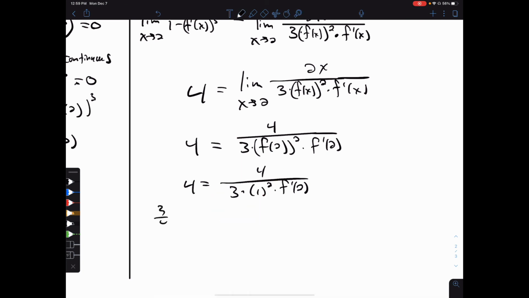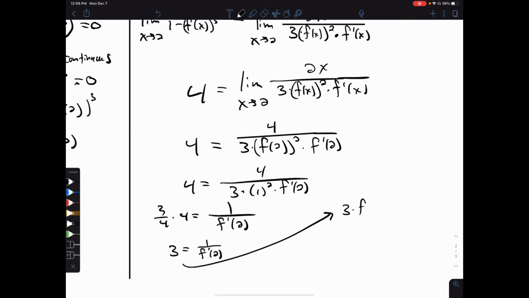So that would be 3/4 times 4 is 3, equals 1 over f prime of 2. If we multiply both sides by f prime of 2, we're going to get that f prime of 2 is equal to 1/3.